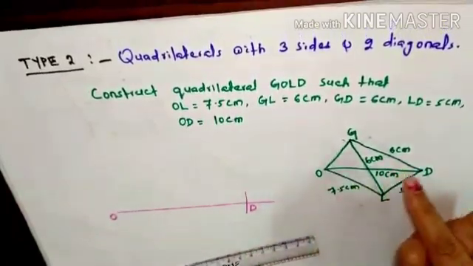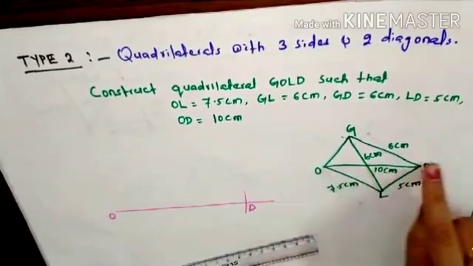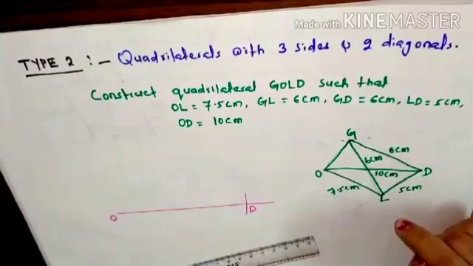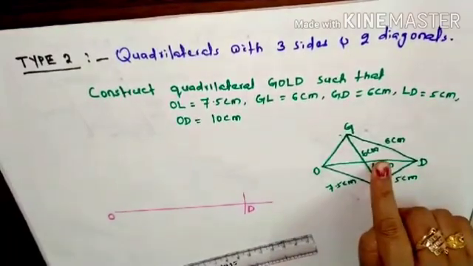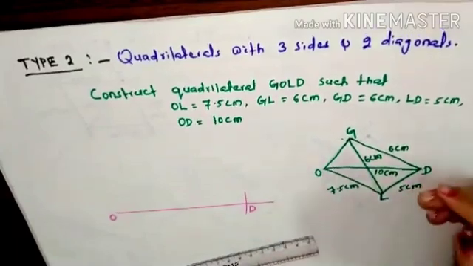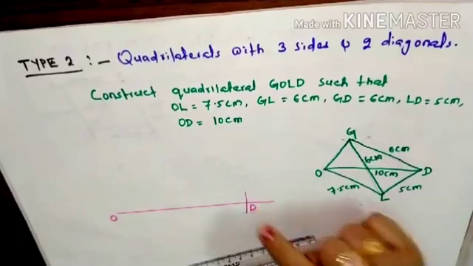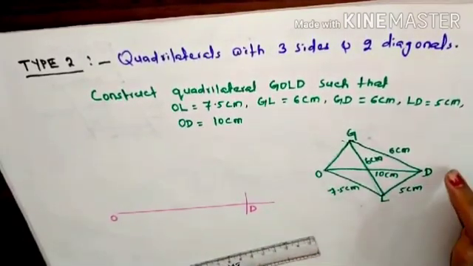Let us try to find the point L, because ODL is a triangle. In this triangle ODL, we know all the values of all 3 sides. Once we have already drawn OD, we know OL also, we know DL also.